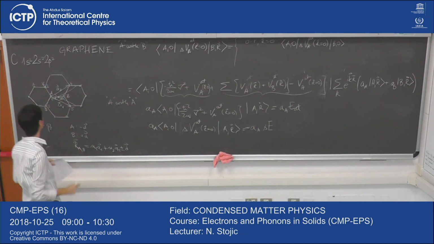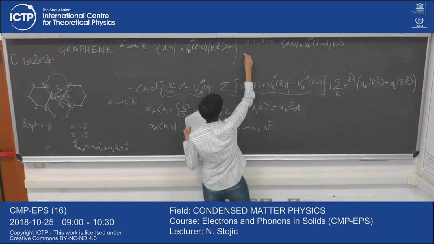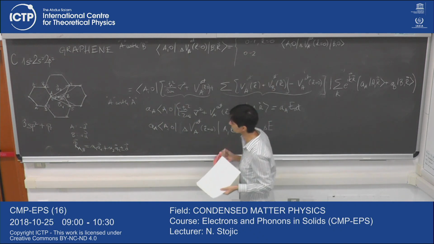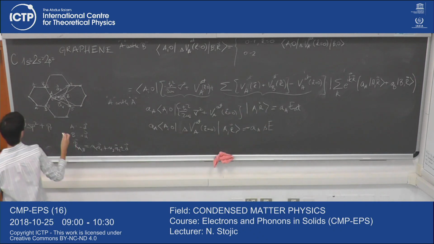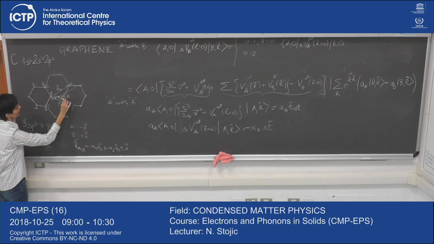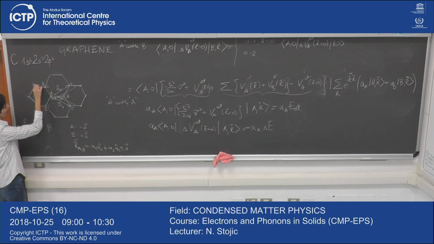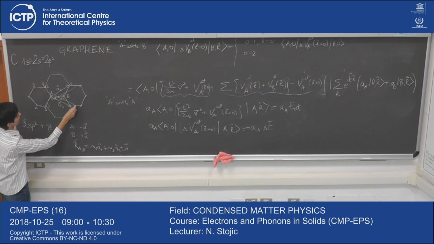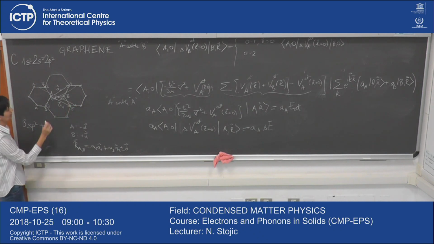Now 0, 2. Now the picture is really bad, but if it was the right picture, you could just see that to come to this basis, it's just the opposite of this vector. And this one is A1, so minus A1.